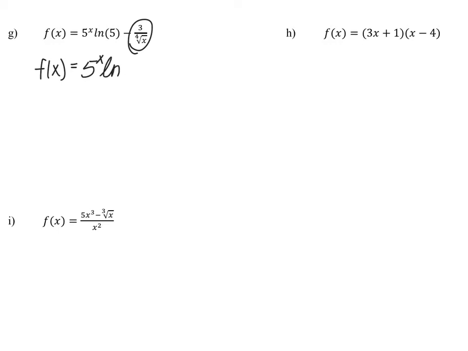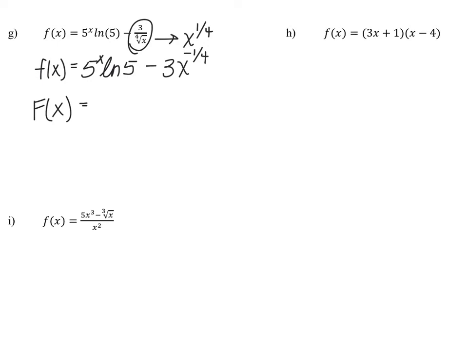So 5 to the x power times the natural log of 5, that doesn't change. But then we really have the 4th root of x, which is x to the 1/4 power. But because it's in the denominator, when I rewrite that in the numerator, that becomes 3x to the negative 1/4 power. So we want to rewrite the terms with exponents whenever possible. Now we'll move forward with our antiderivative.